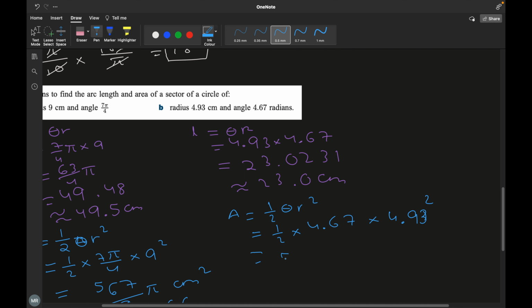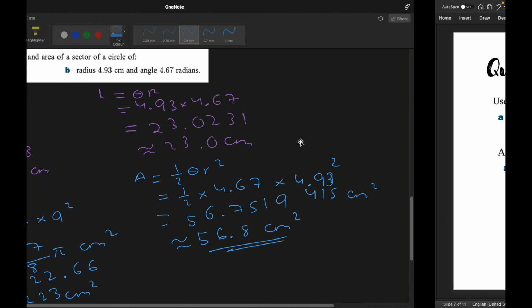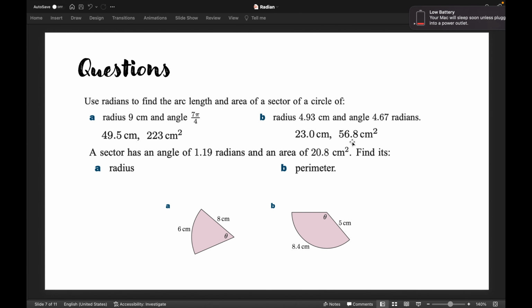We get 56.7519415 cm squared. And we can round this off to 56.8 cm squared. It's our final answer. So let's verify this. Yes, that is our answer.